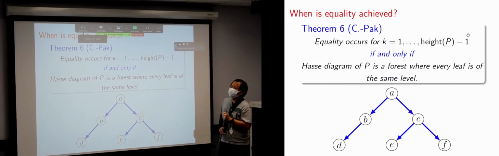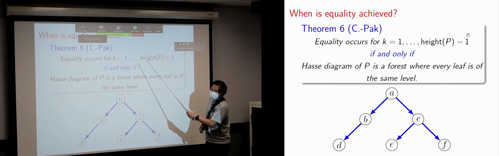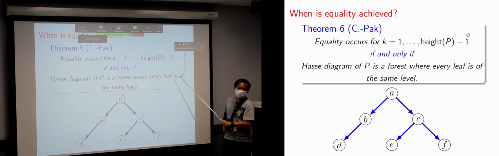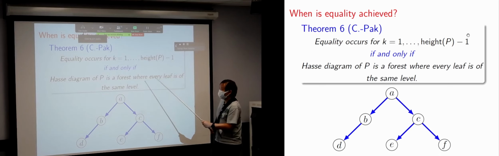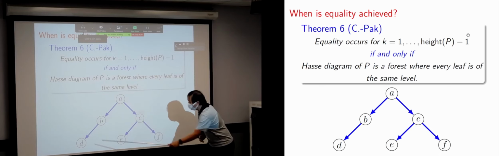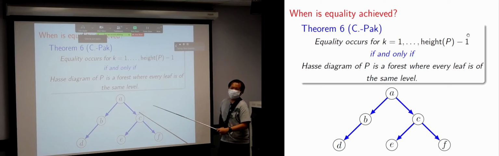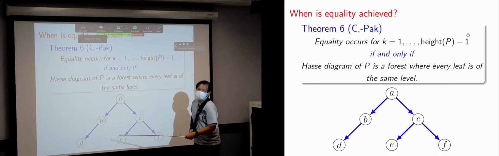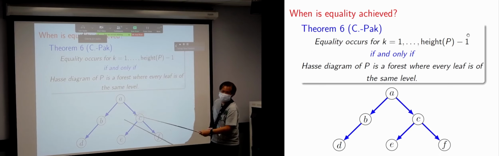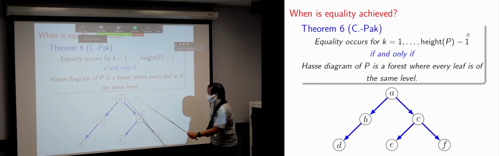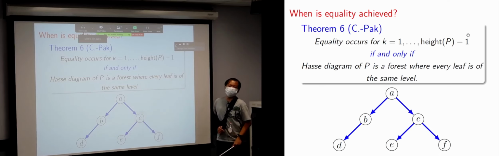Suppose that equality occurs not only for one k, but actually for k equal to 1, 2, 3, 4, up to the height of the poset minus 1. Then this can occur if and only if, when you draw the Hasse diagram of the poset, it becomes a forest, like a collection of disjoint trees, where every leaf of the forest is at the same level.